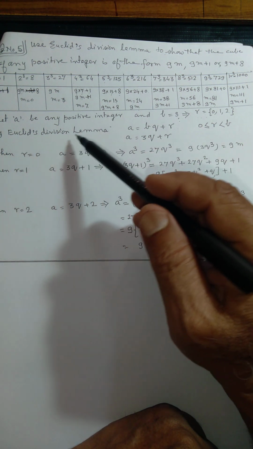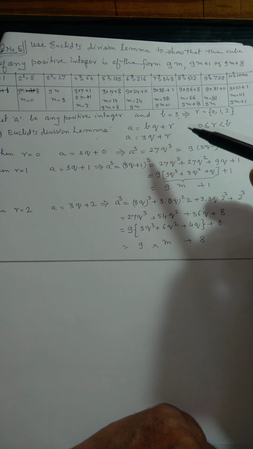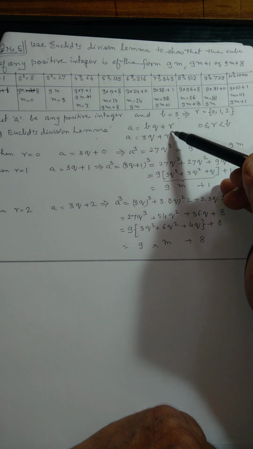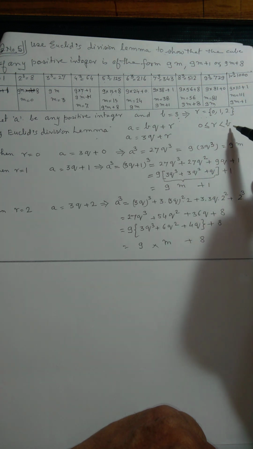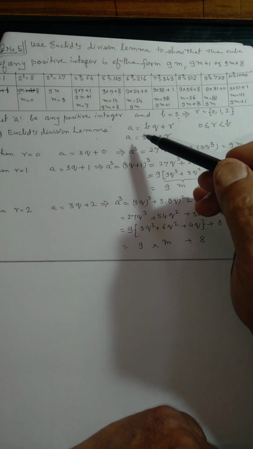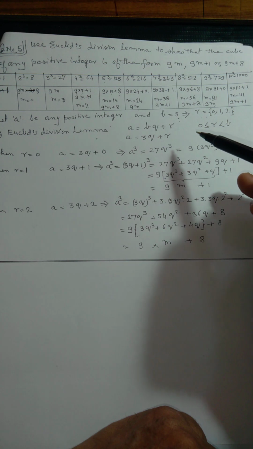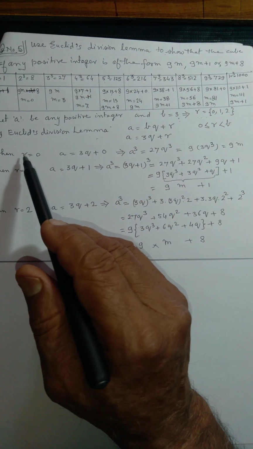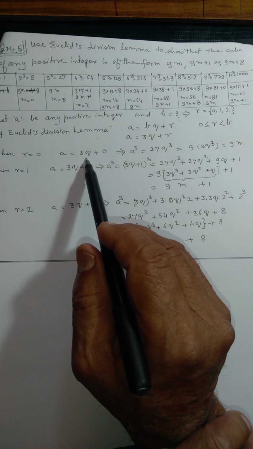By Euclid's division lemma, a is equal to bq plus r, where 0 is less than or equal to r and r is less than b. Here a is equal to 3q plus r. When r is equal to 0, at that time a will be equal to 3q plus 0.